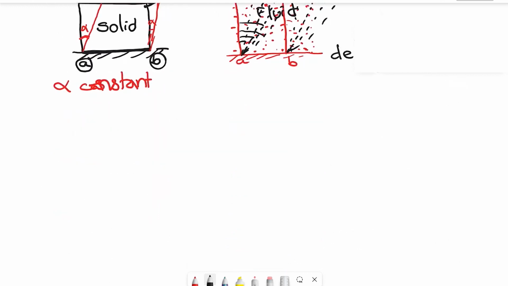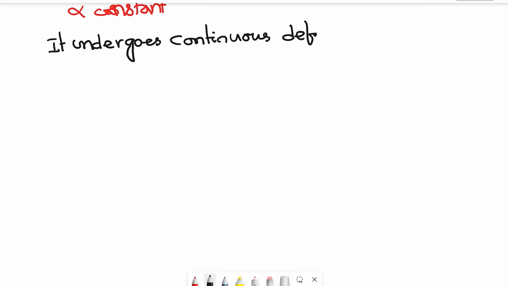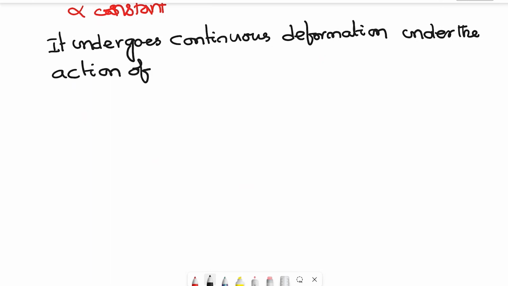So, how do I express that in terms of a sentence? Fluid means it undergoes continuous deformation under the action of shear force.